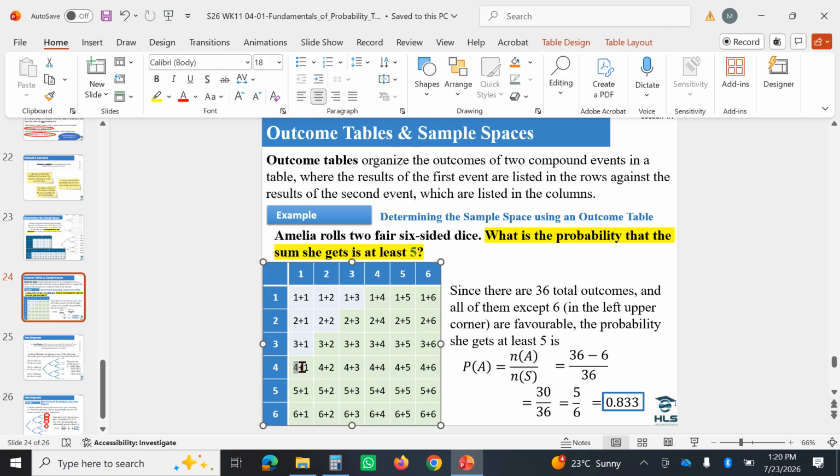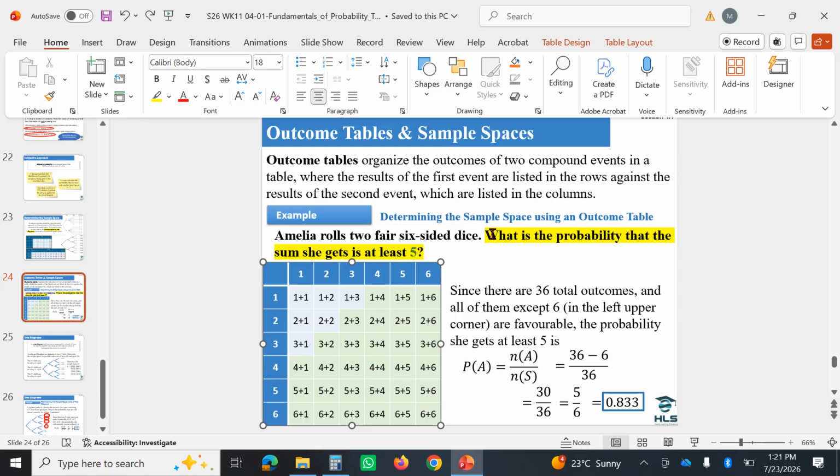If you roll a 4 and a 1, that's at least a 5, a 3 and a 2 is 5, a 2 and a 3 is 5, and a 1 and a 4 is 5. That means there are 1, 2, 3, 4, 5, 6 possibilities of not rolling two numbers that add up to at least 5.